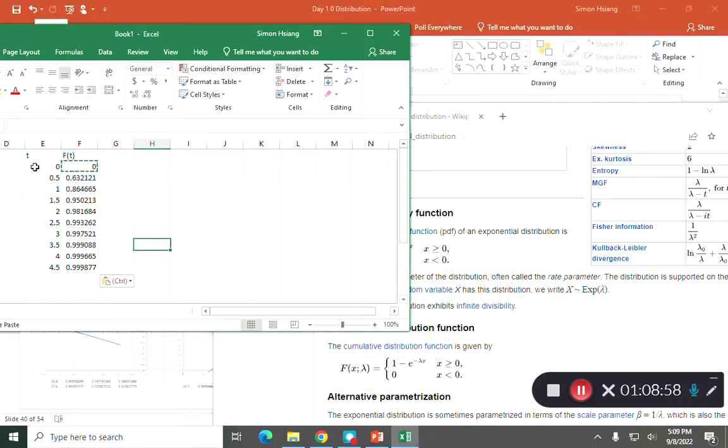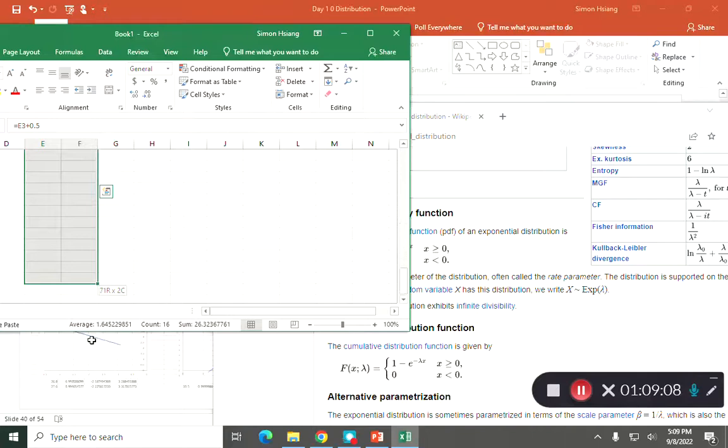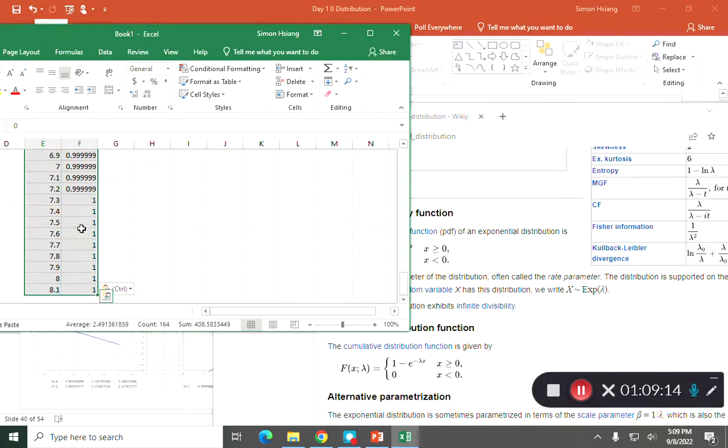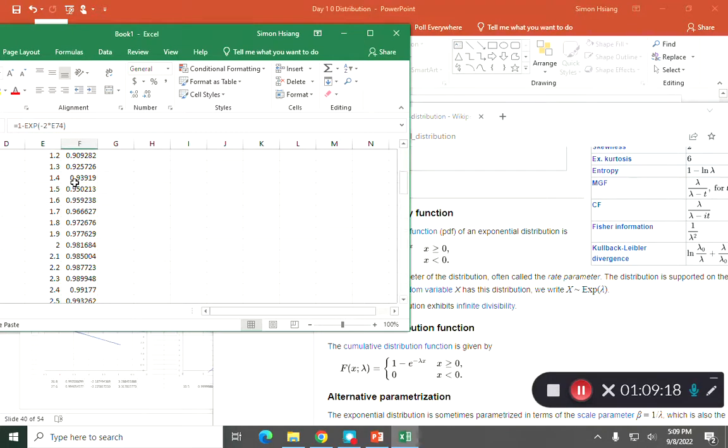Okay, so let's do 0.1. Let's plot this. No, I don't need to plot it. It grew too quick. Smaller.